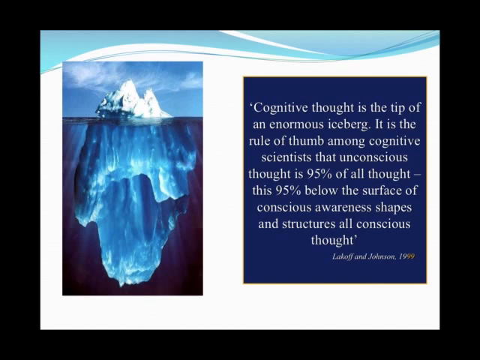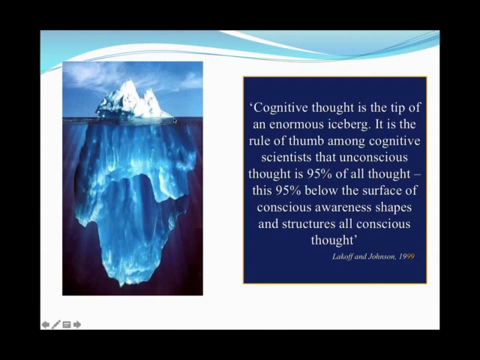But one thing that has been studied is cognitive thought, meaning our critical thinking and our analytical reasoning. We normally use that a small fraction of the time. Way more of our thinking and our decision making comes from the intuitive part.